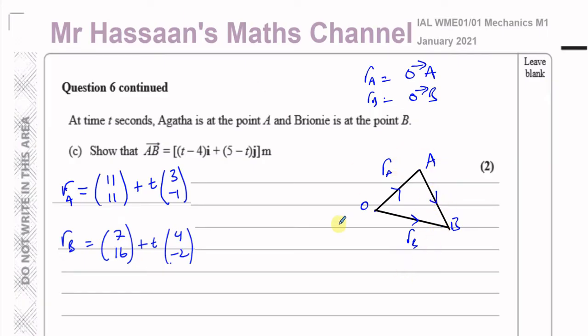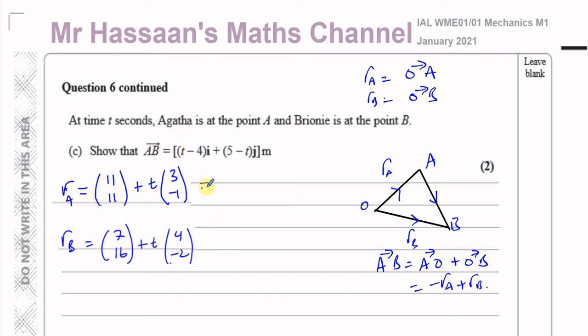Now if we look at this, we can see if I want to go from A to B, it's the same as going from A to O, and then from O to B. A to O is the opposite direction of the vector A, so it's minus RA, and plus RB. So A to B is basically the vector of Briony minus the vector of Agatha.